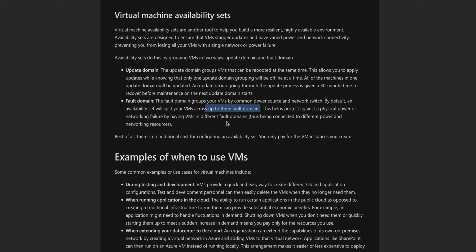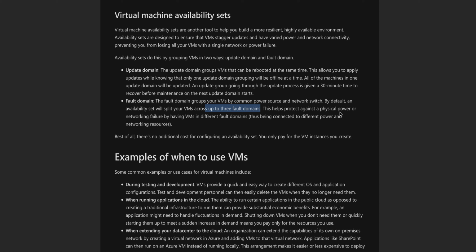There's a fault at power B, and therefore power B is down. But that doesn't mean that fault domain A and fault domain C will go down, because they are connected to different power sources. So they'll continue to run. And that's why they say this helps protect against physical power or networking failure by having VMs in different fault domains, thus being connected to different power and networking resources.